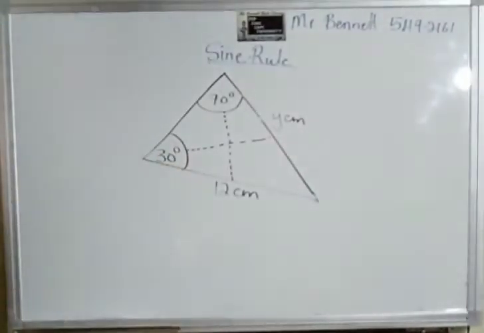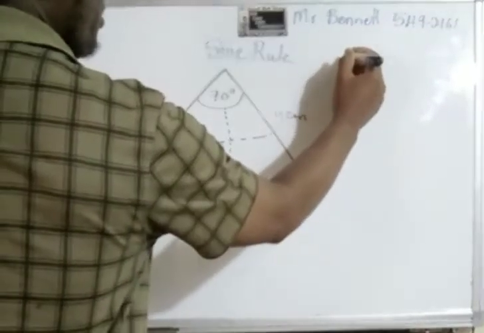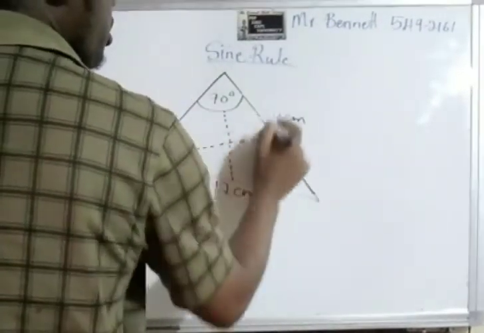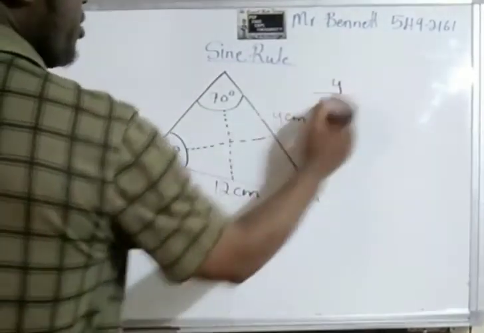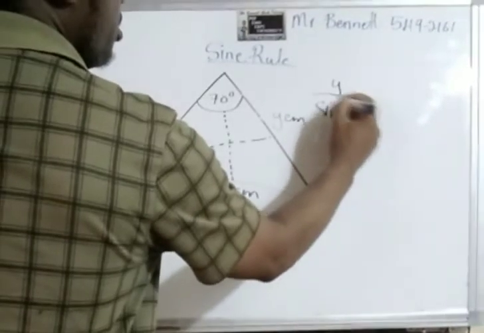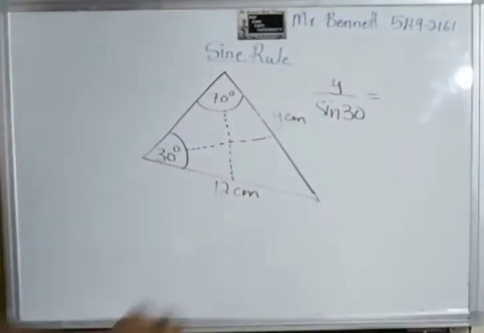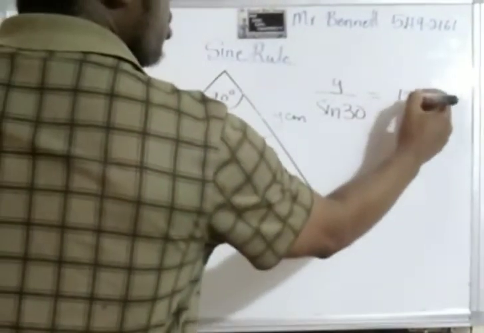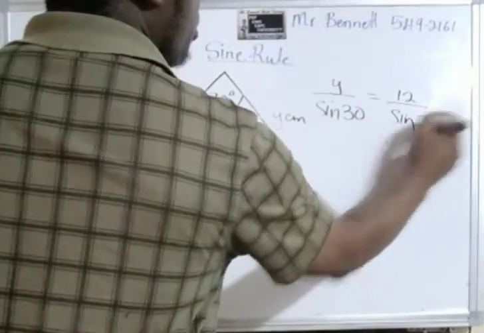So what we do is to put it up in a little ratio. So it will be side over angle, right? So side, we don't know what is this side, so we say y over sine 30. Because remember, it is the sine rule, so it's only sine, right? And then now we put the side that is opposite, so 12 over sine 70.